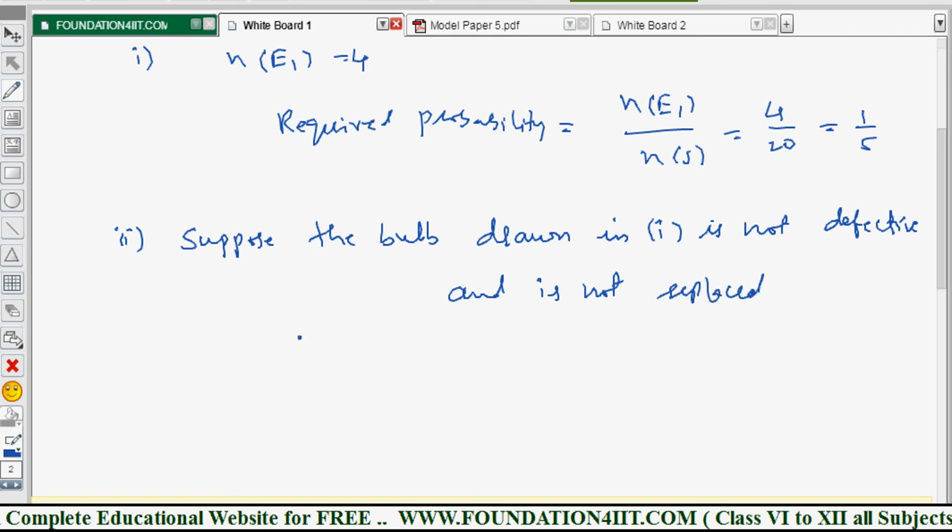This is a condition. Then the revised total number of bulbs is 20 minus 1, because 1 is not replaced.